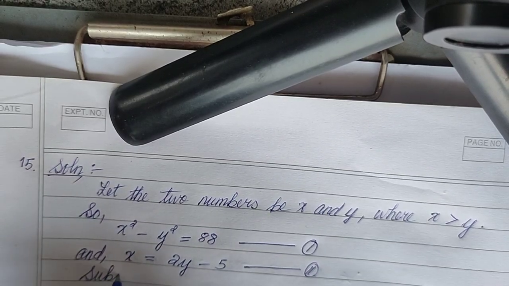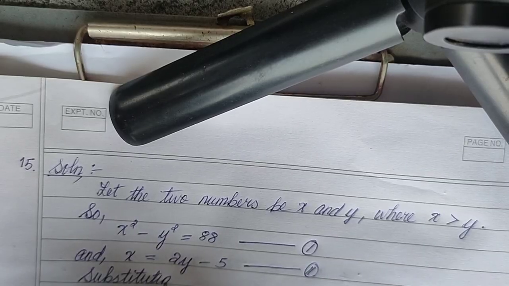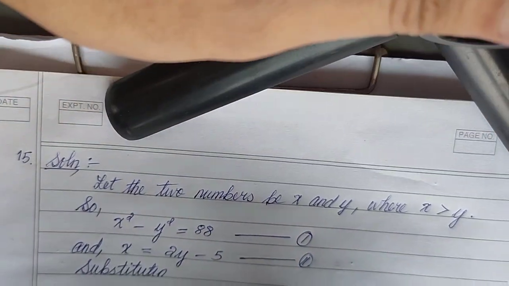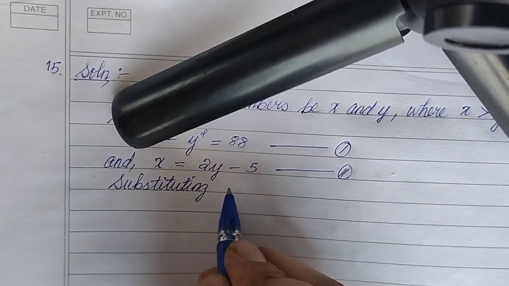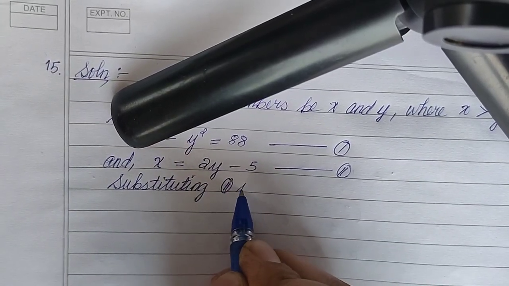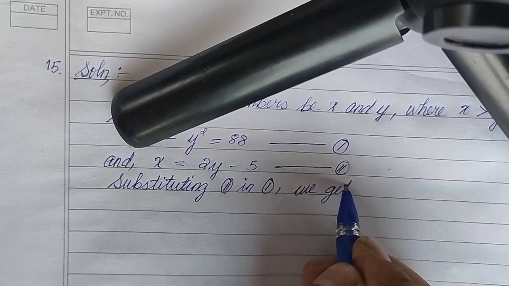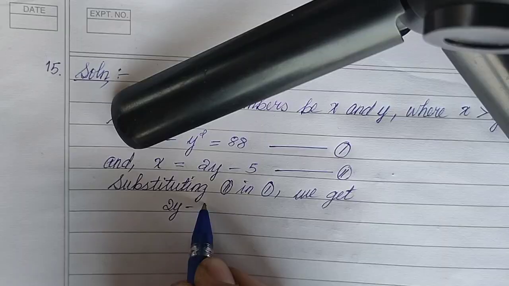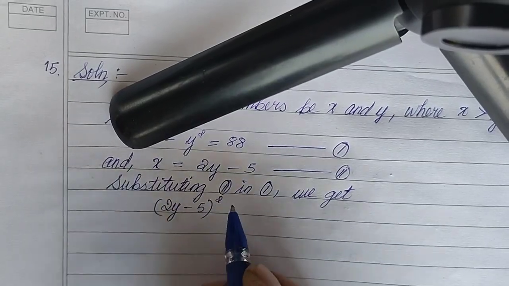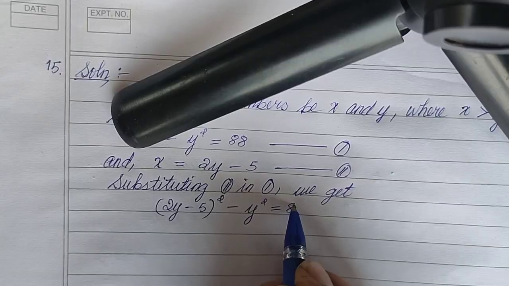Substituting equation 2 in equation 1, we get (2y minus 5) whole squared minus y squared is equal to 88.